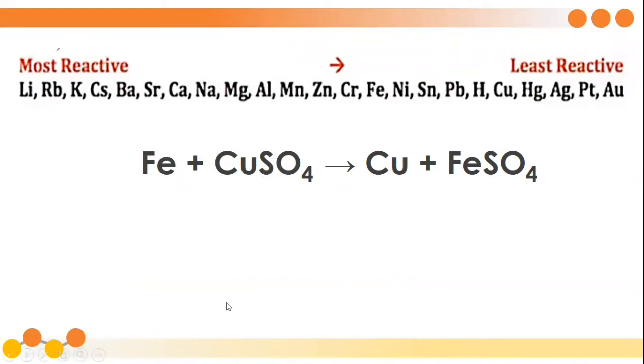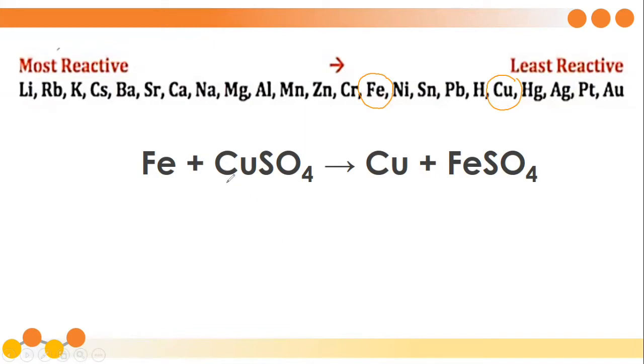Let's take a look at our activity series of metals. Let's take a look at iron here and take a look at copper. As mentioned a while ago, more reactive elements can replace the lesser reactive ones.